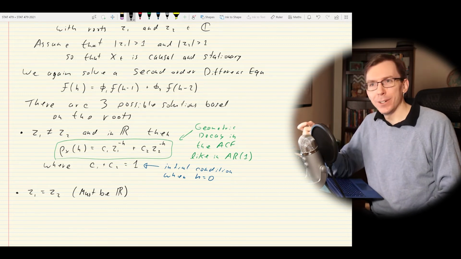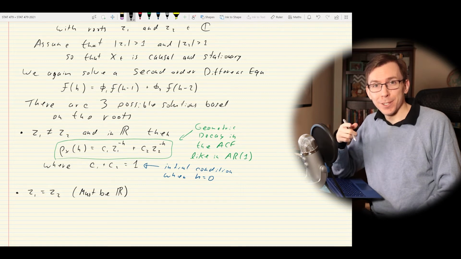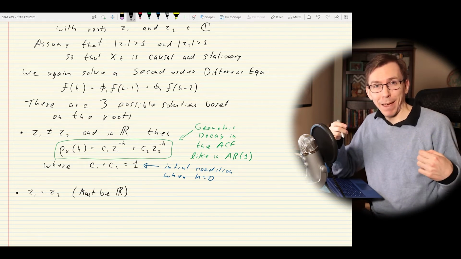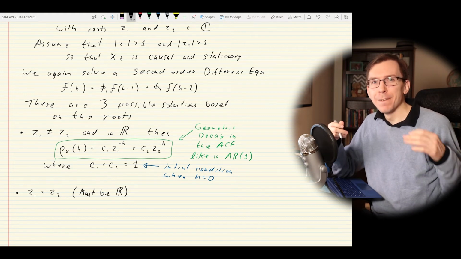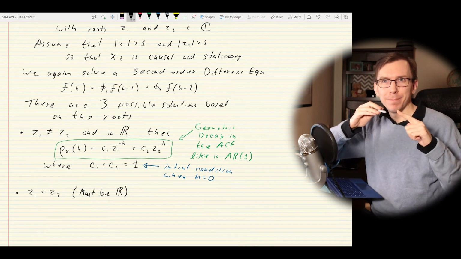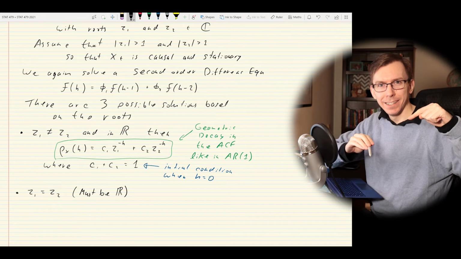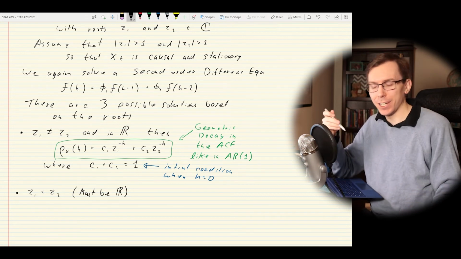If you have real valued coefficients for your polynomial, you can factor your polynomial over the complex numbers, but the roots would come in conjugate pairs. Do you kind of remember that bit from complex variable theory? The idea is that if there's an a plus ib, there has to be a corresponding conjugate root, a minus ib.